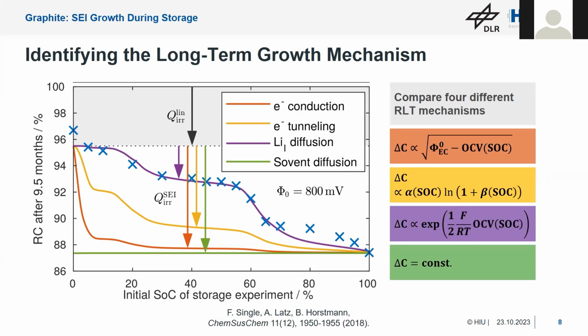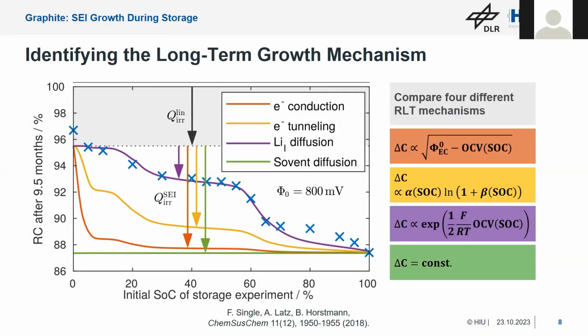Particularly in this experiment, the state of charge was controlled in update cycles, so that the state of charge is really the correct bottom axis in this plot. And now we derived models, simplified models actually, to show what the different growth mechanisms would do to the SOC dependence of this calendar aging.